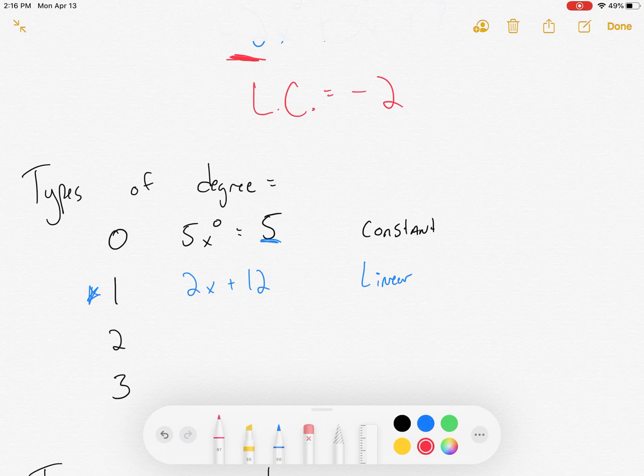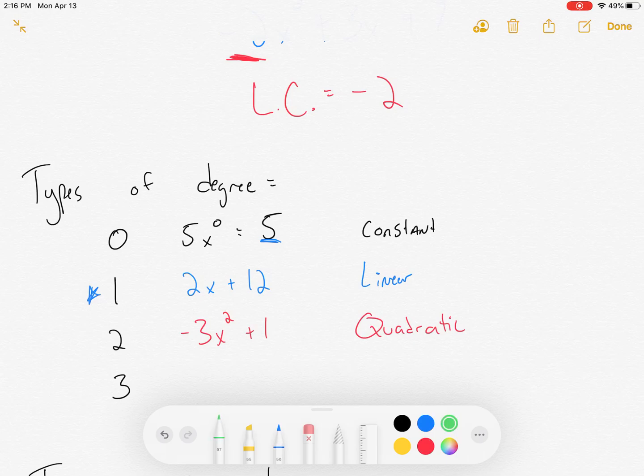Next, if I have a degree of 2, I could write something like negative 3x squared plus 1. Why is it a degree of 2? Because my highest exponent is a 2, and we call that a quadratic. So anything with the highest exponent of 2 is called a quadratic.